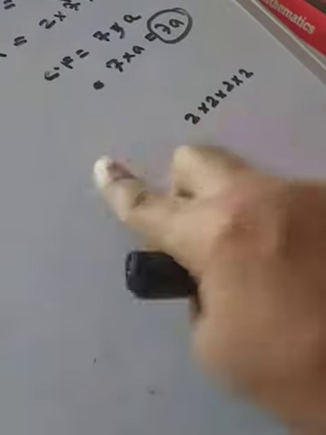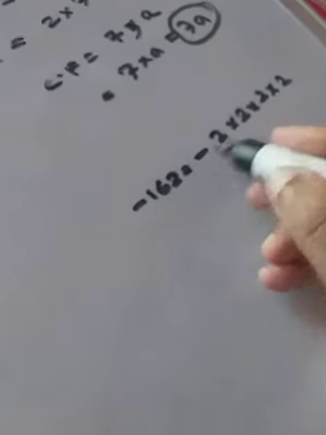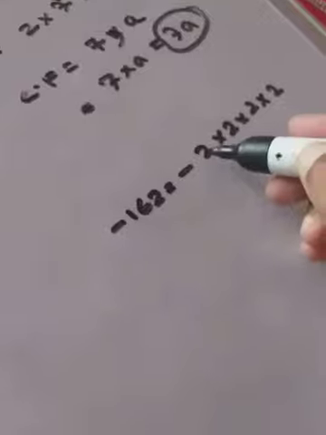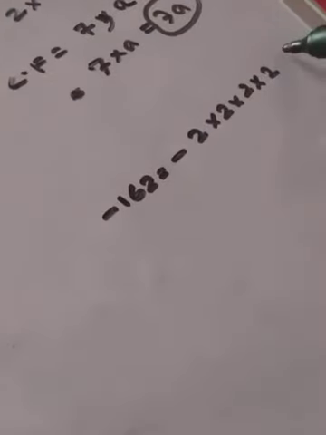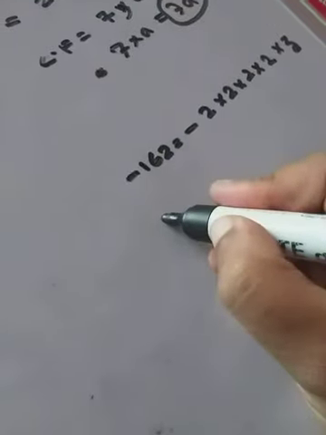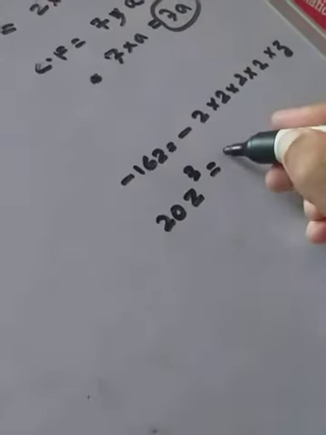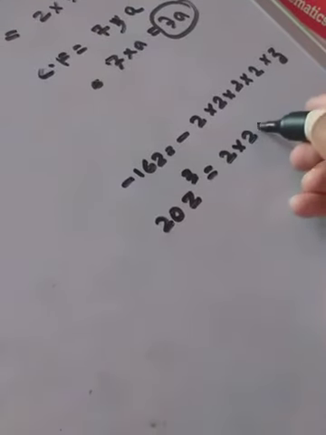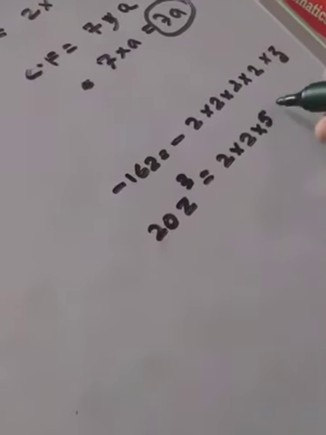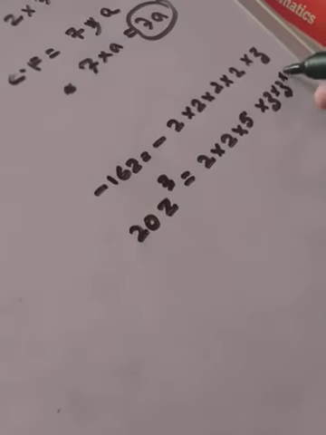So minus 16z: the minus sign should be there, then 16 is written as 2 into 2 into 2 into 2, and there is one z also. The other term is given as 20z cube. 20 is written as 2 into 2 into 5, into z into z into z.